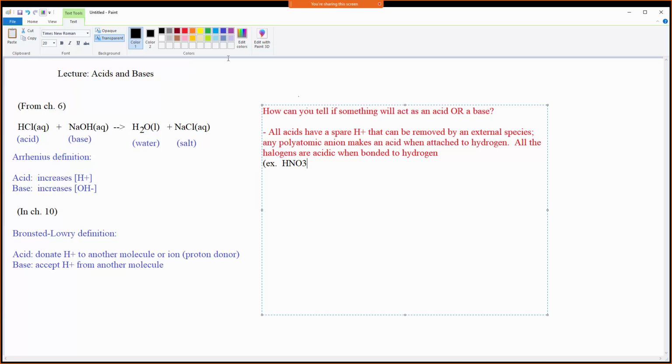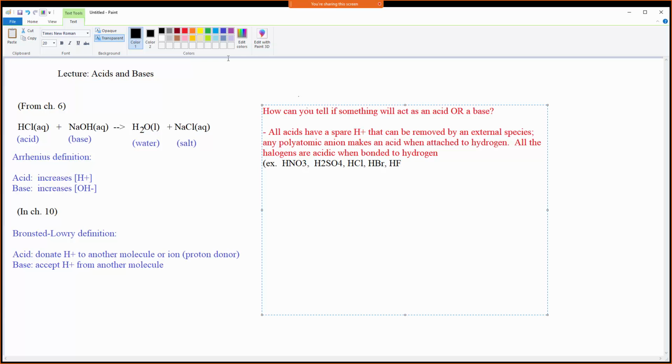That's a strong acid, that's nitric acid. Two hydrogens with the sulfate polyatomic ion, that's sulfuric acid. These are very strong acids. Also H with a Cl or H with a Br, HF, these are all acidic, all right?